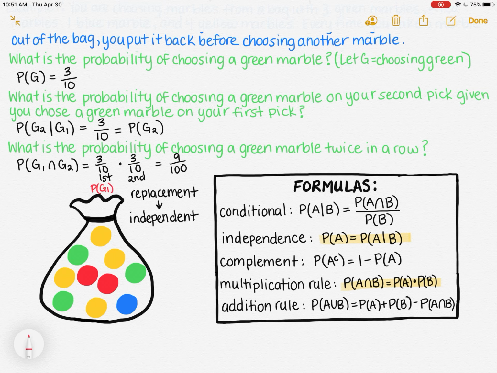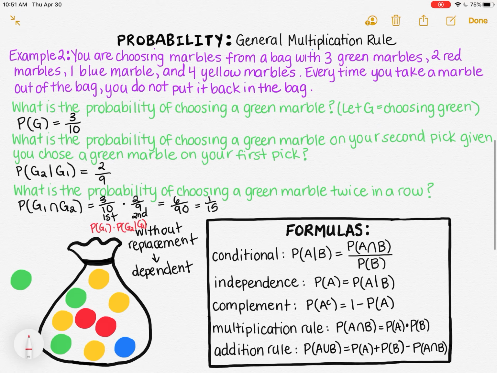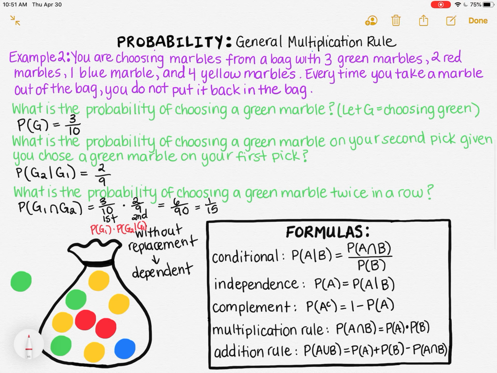And actually, that's exactly what we did before. The probability of picking a green the first time was 3 out of 10, and it just happened that because these events were independent, the probability of picking a green the second time, given we picked a green the first time, was still 3 out of 10, right?